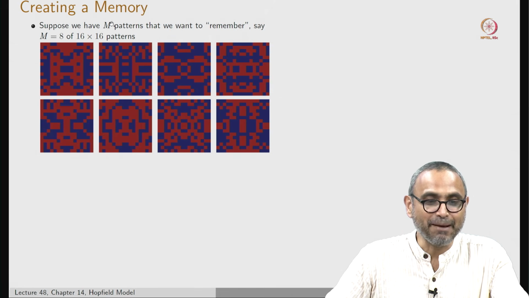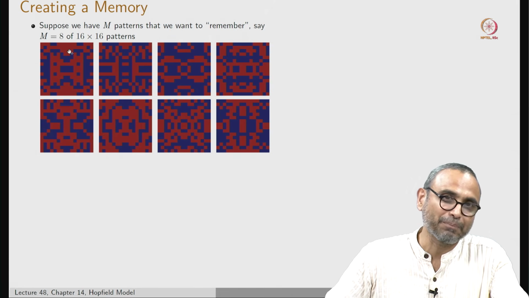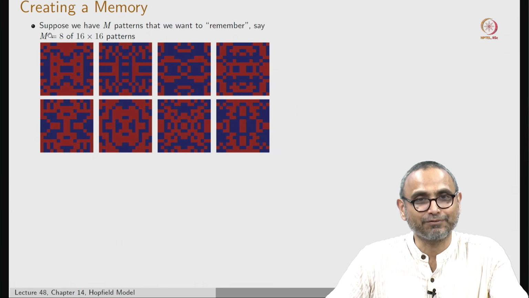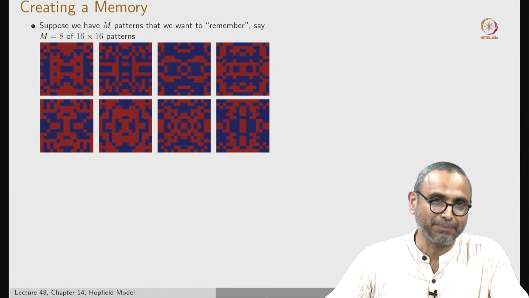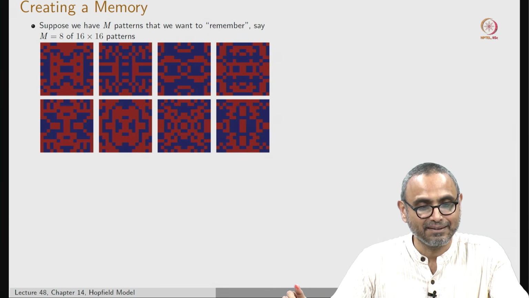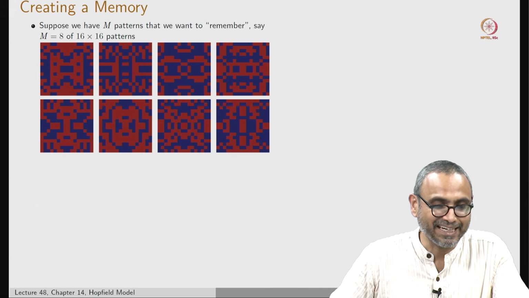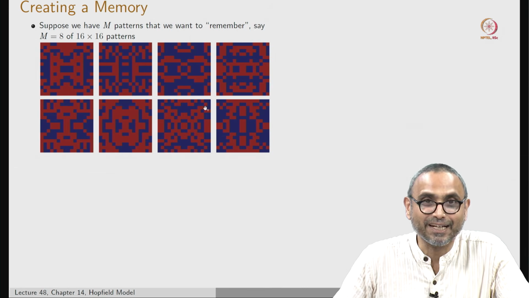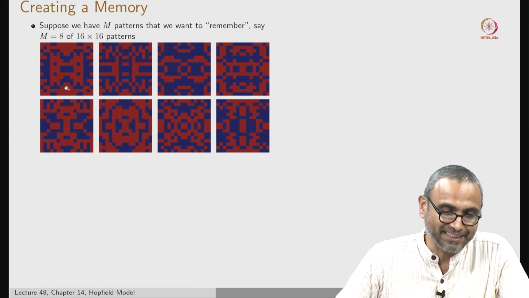So suppose I have m patterns, and in the example I am going to show you, there are 8 patterns, each of them 16 by 16 patterns. So that means there are 256 spins, and I tell you the configurations of the spins, and none of these are purely random patterns in the sense that they have some symmetry.